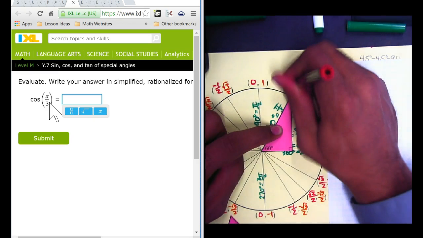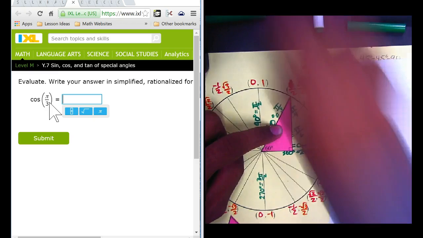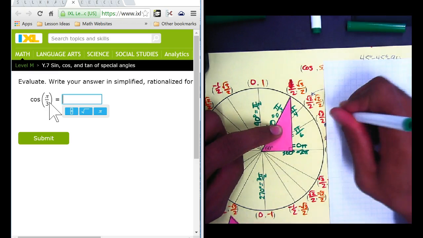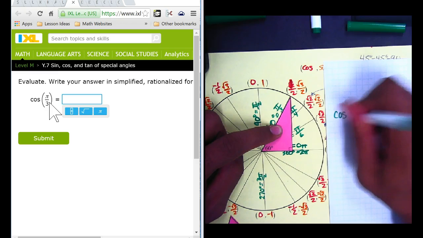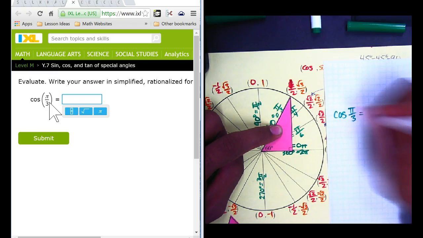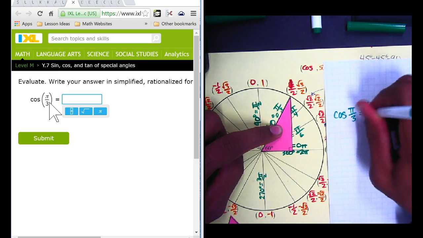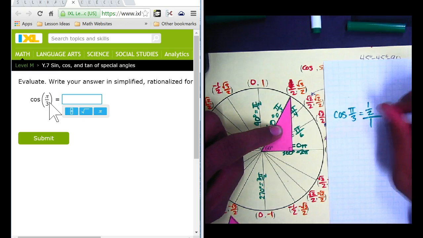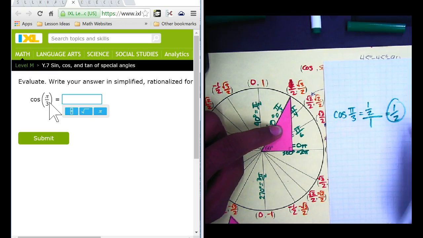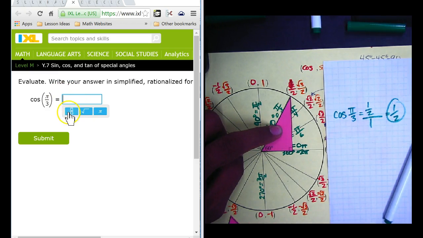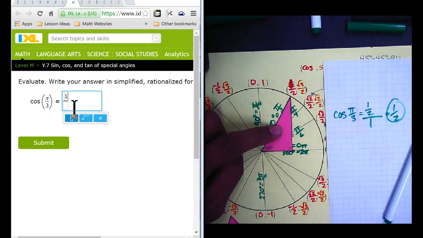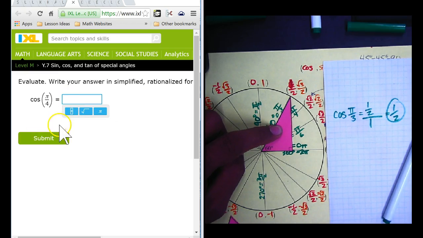That should be 1/2. So cosine of pi over 3, or 60, is going to be 1/2, our x value, over the hypotenuse, which is 1. So our value is 1/2. Cosine of pi over 3 is 1/2. There we go.